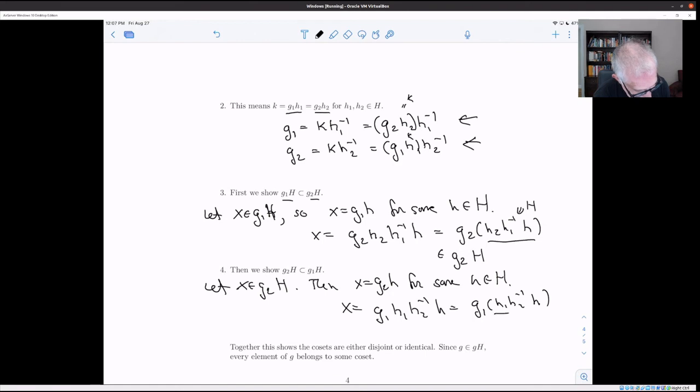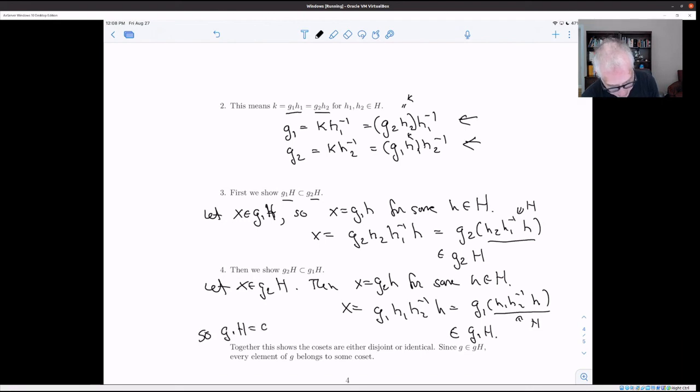And again, this is in H. So therefore, this belongs to g1H. So since each coset, g1H is a subset of g2H and g2H is a subset of g1H, g1H equals g2H.